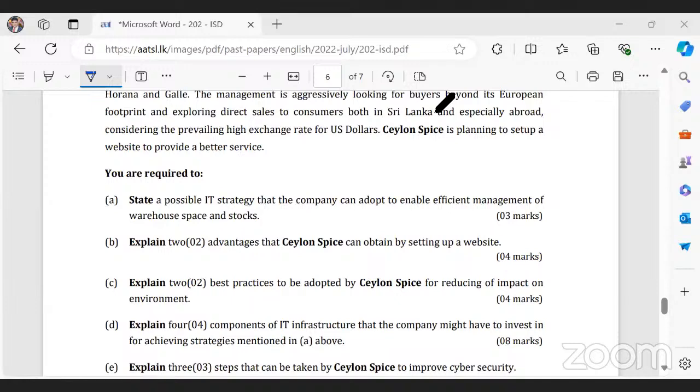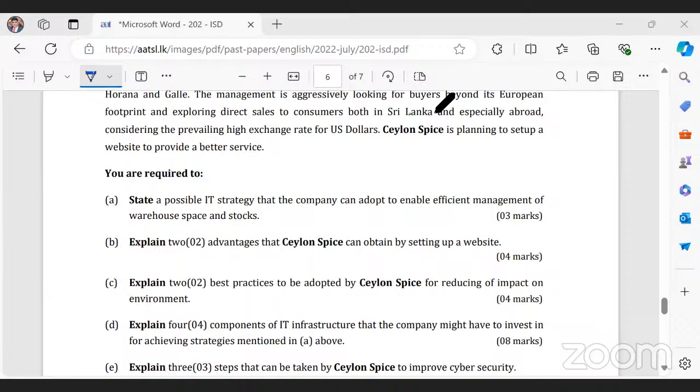Those are the advantages. Explain 2 best practices to be adopted by Ceylon Spice for reducing the impact on the environment. What are those best practices? They can minimize using electronic equipment. Why? If they are dumping those into the environment, then definitely it is an environmentally harmful practice.